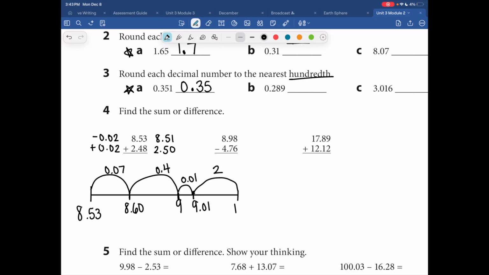And then I can add those 2 wholes, get 11 and 100th. And when I add up these jumps, 7 hundredths plus 1 hundredth gets me 8 hundredths, plus 4/10 plus 2 wholes. This adds up to 2 and 48 hundredths. So that's another strategy that we've learned in class.